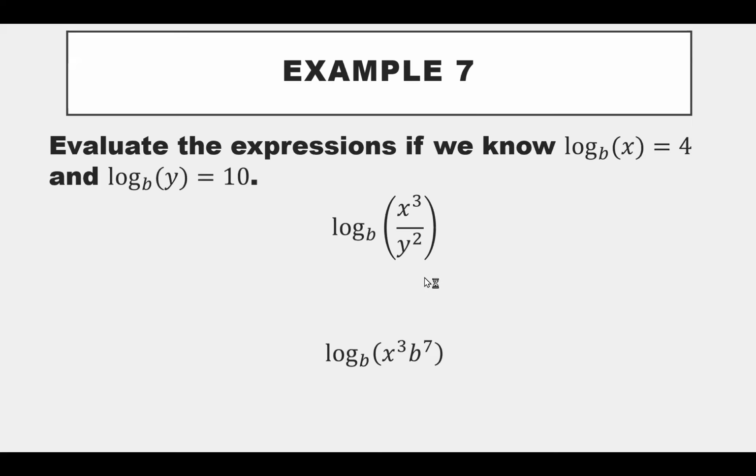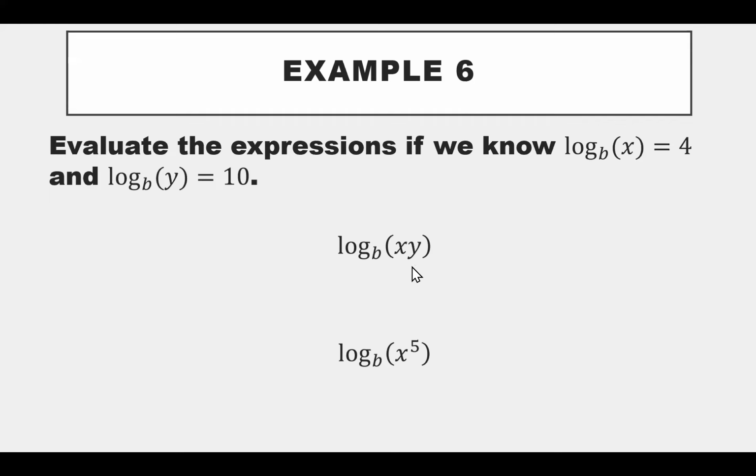In example 7 and in example 6, we saw that we can evaluate log base b of a more complicated argument as long as I know log base b of the simpler arguments, log base b of x, log base b of y. When I multiply x and y, I can find log base b of x times y.